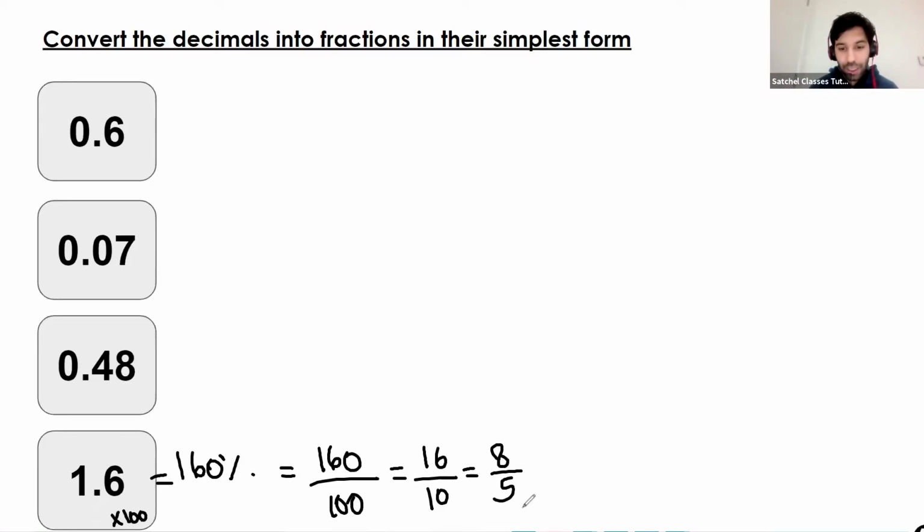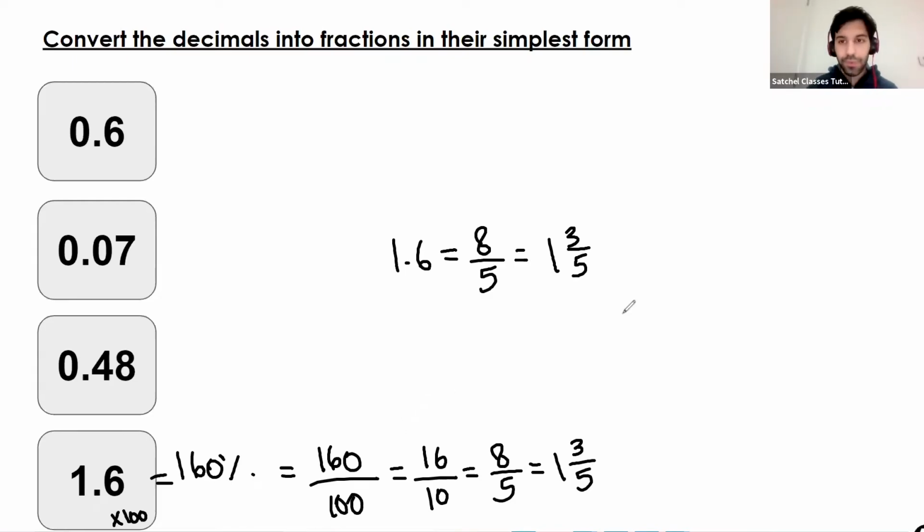And we want this fraction in its simplest form, so I can either leave it as 8 over 5 or write it as a mixed number. So 5 goes into 8 one time, and there's going to be 3 fifths remaining. So 1.6 is equal to 8 over 5, or 1 3 fifths. All right, and let's move on.